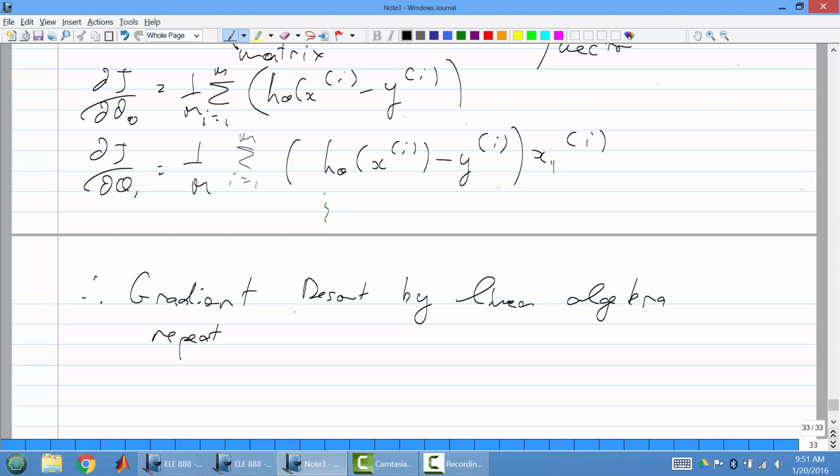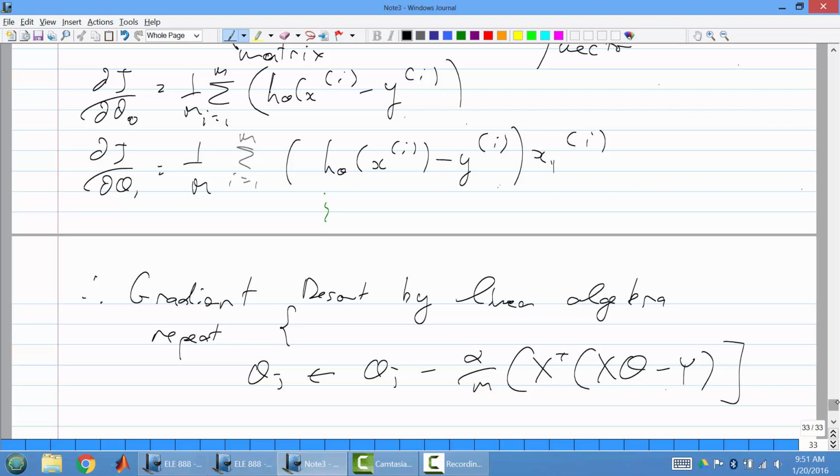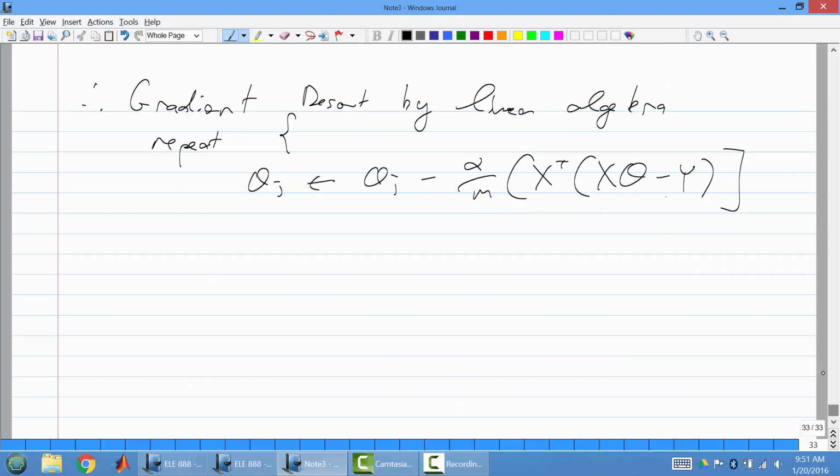Then what you're doing is theta j minus... well, it's just a vector, so we'll just do that. And that's it. There you go.